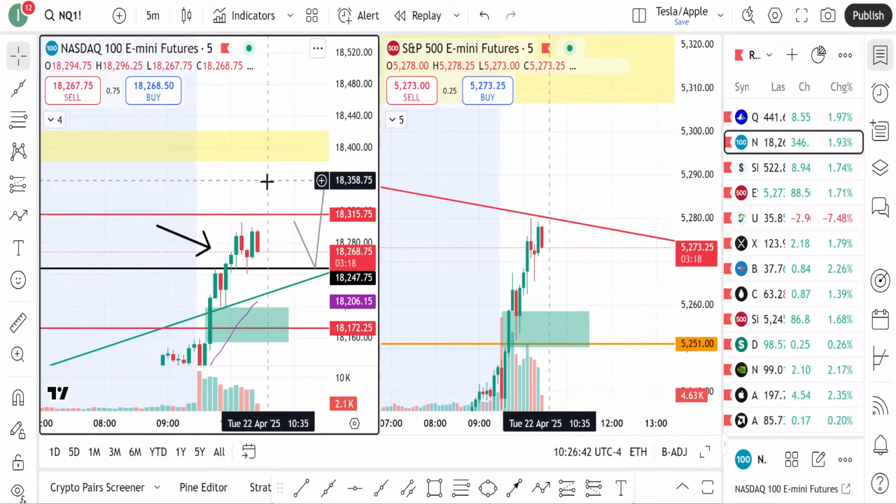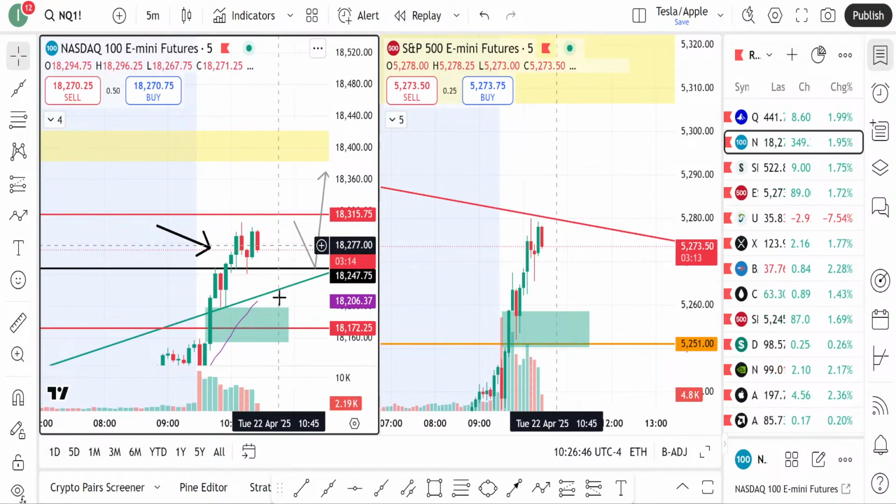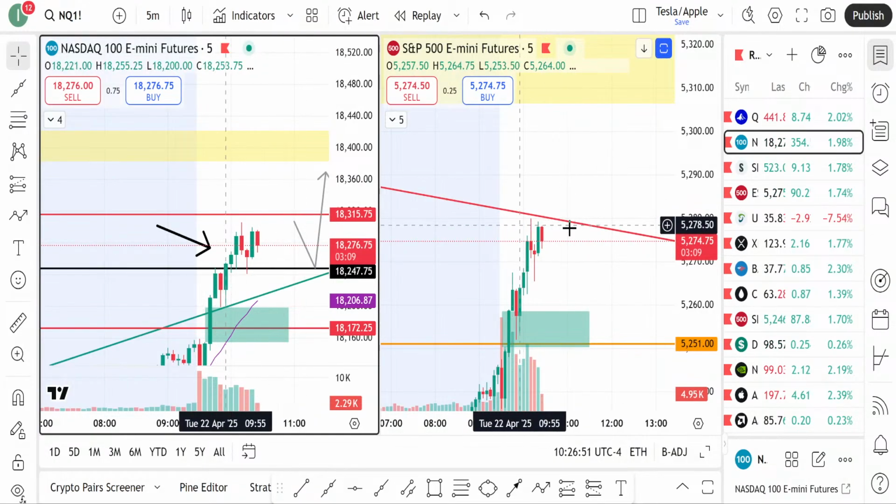It looks like the sellers are holding this zone right here. They're holding this resistance.